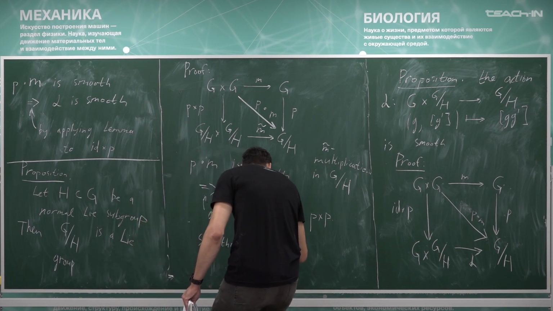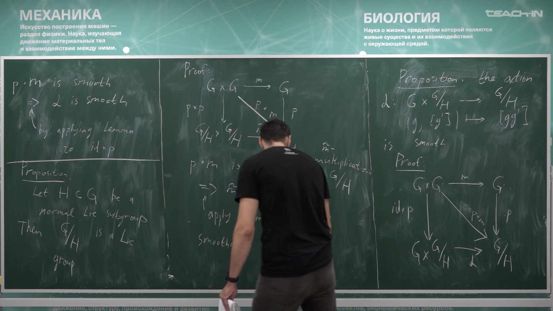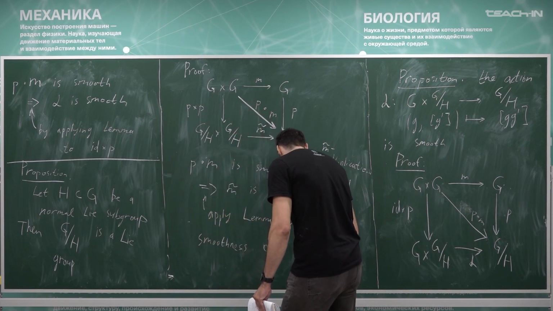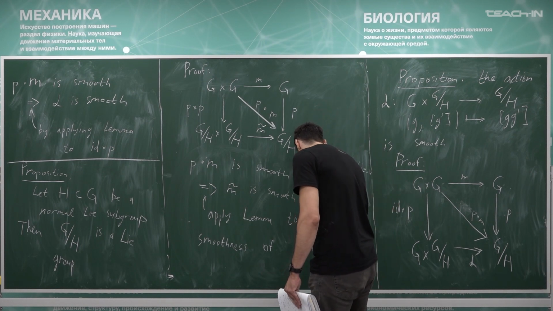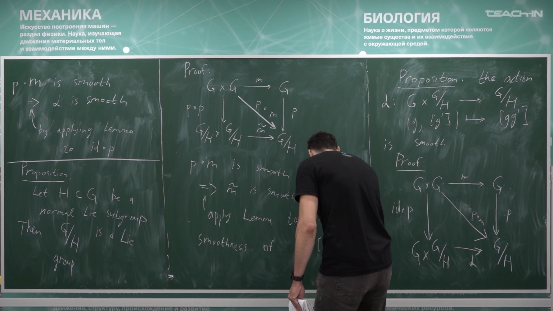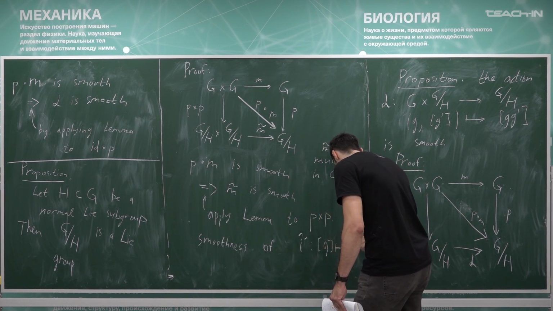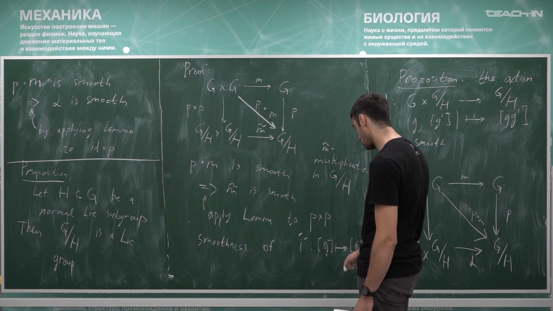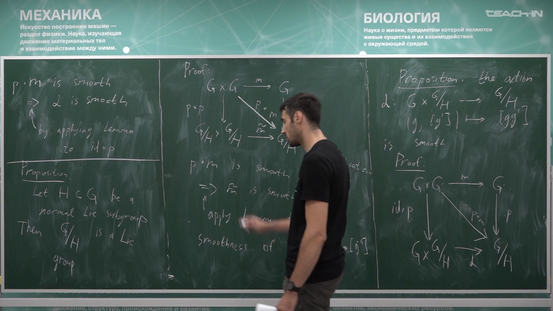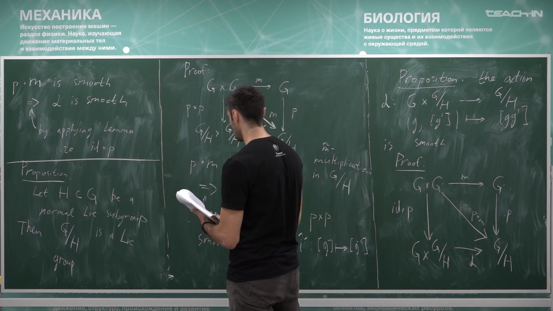And the smoothness of taking inverse in G over H, which is, I take class of g and send it to class of g inverse. Smoothness of this is proved in a similar way.